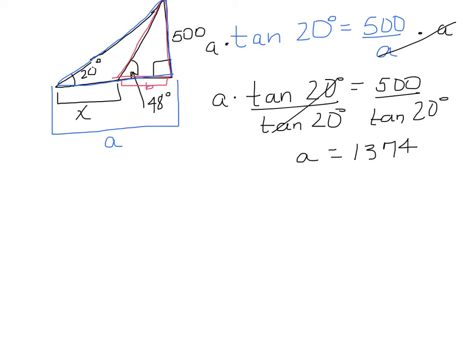Okay? And the little triangle, I'm going to call B. The angle they gave us was 48 degrees, and the 500 is opposite still. My B side is adjacent, so I'm going to use tangent again.